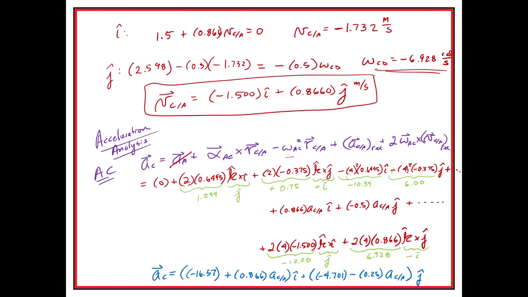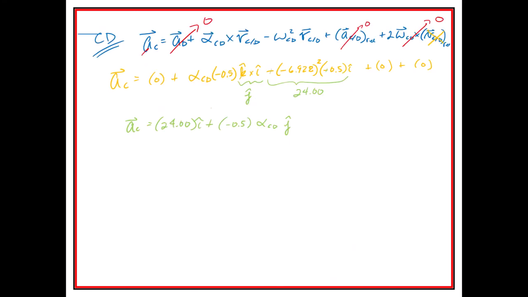So we equate this guy right here with this guy, the i's and the j's. In the i direction, we have a negative 16.57 plus 0.8660 AC with respect to A is going to be equal to 24.